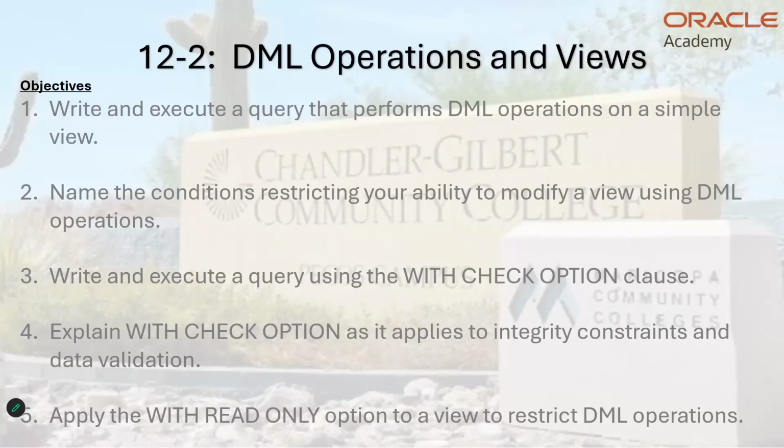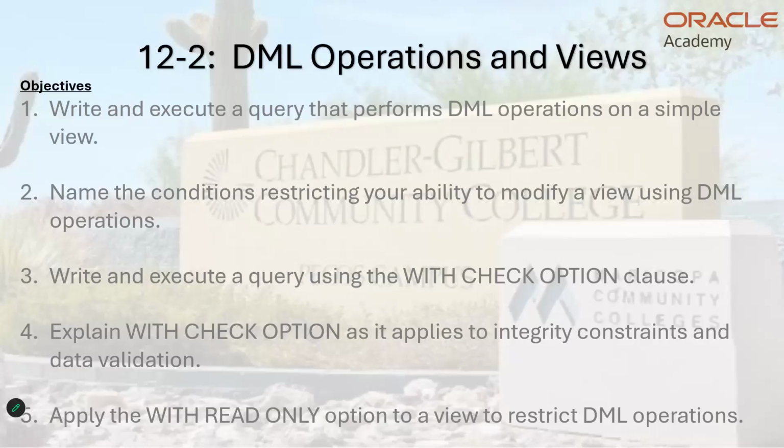We're going to write and execute a query using the with check option. You get to see what that does. Explain that with check option as it applies to integrity constraints and all. We saw this before. It's kind of the same thing. And then the with read only. I can tell you right now, every view that I created within a large company structure was always read only.